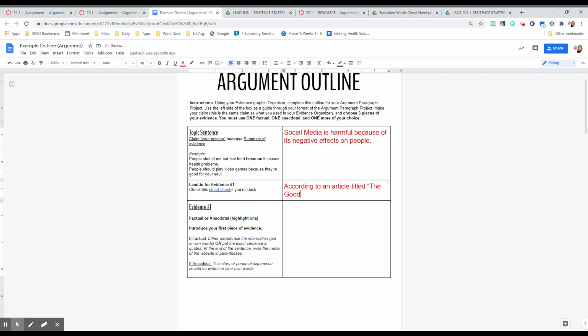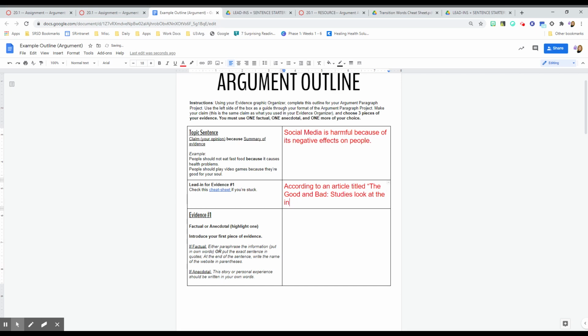Okay, the good and bad studies look at the influence of social media on teens. Okay, and then because this is the title, we're going to put it into quotations, and then we're going to end it with a comma, because this lead-in is actually going to be continued right down here in our evidence box.